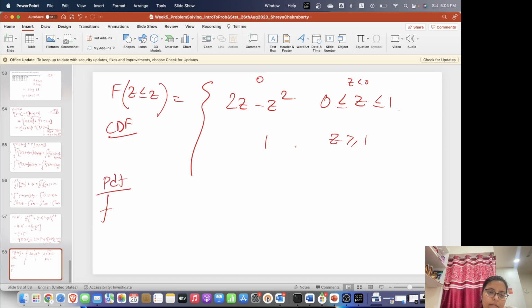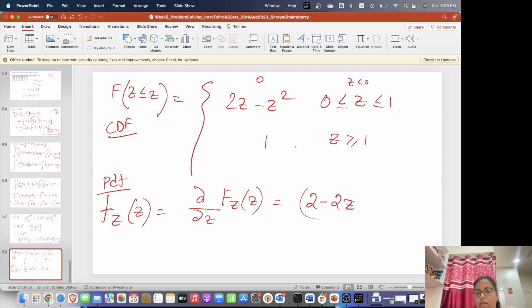So then the PDF is how much? If Z is distributed as f_Z(z), that is 2 minus 2z, 2 into (1 minus z), for 0 less than or equal to z less than or equal to 1.